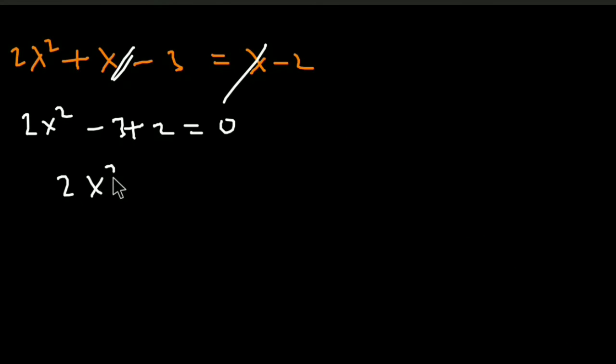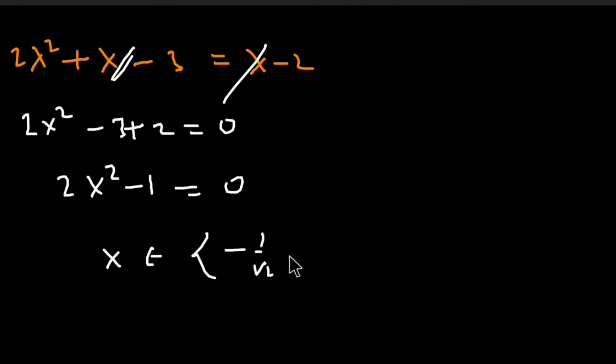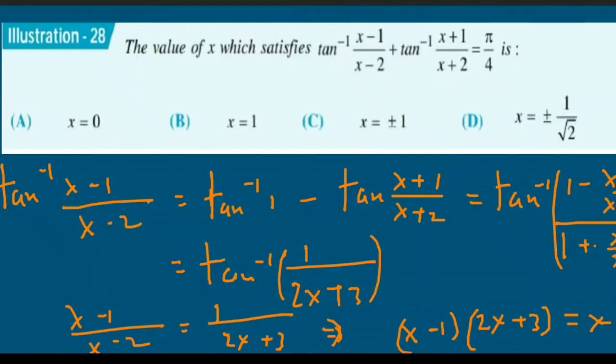So finally 2x square minus 1 equals 0, and x belongs to plus minus 1 by root 2, that is minus 1 by root 2, and one can say also the result will be plus 1 by root 2. Both are the feasible results. So this is your final answer: x equal to plus minus 1 by root 2.